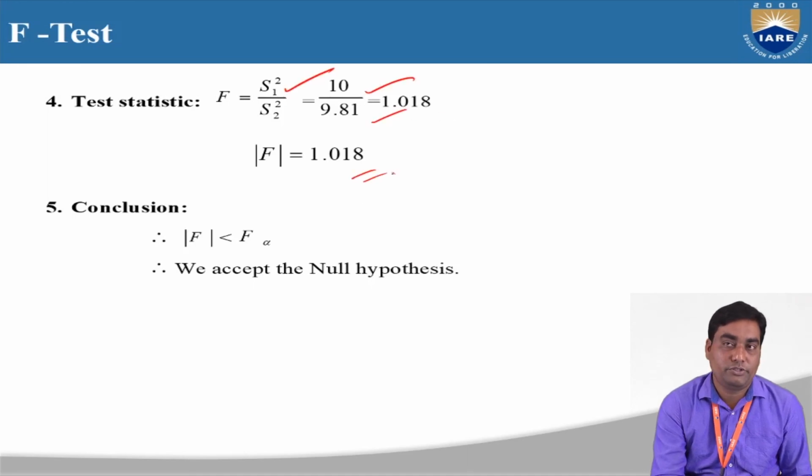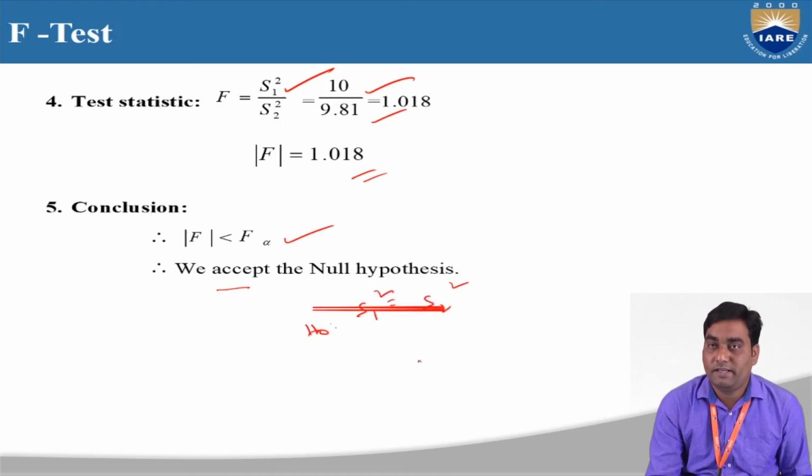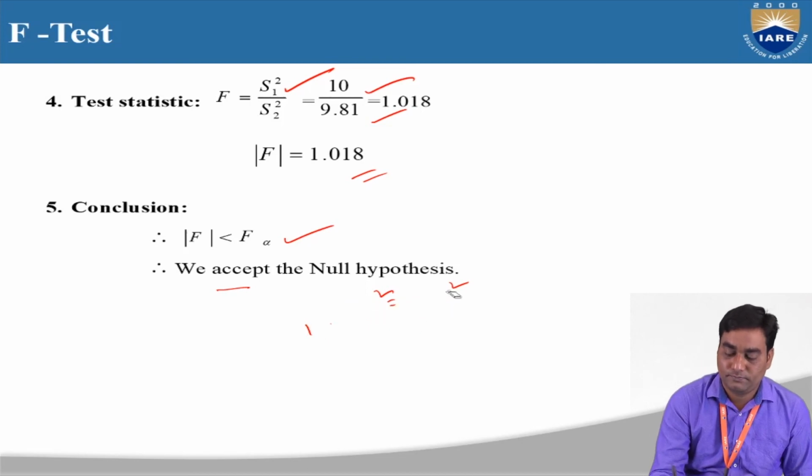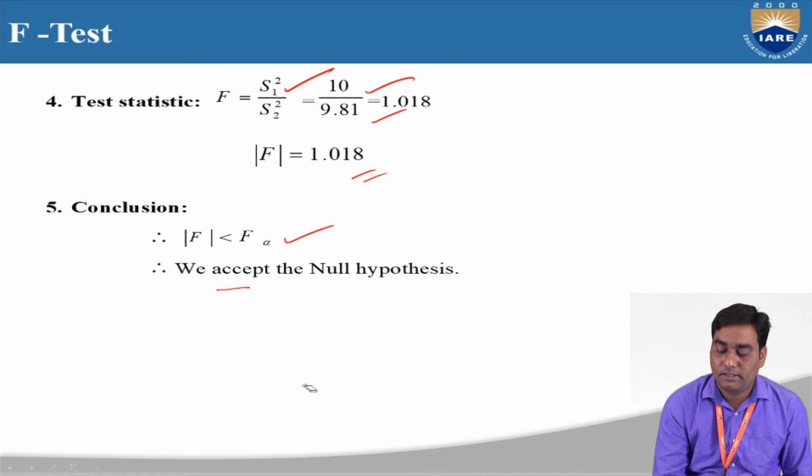Mod F is 1.018. Mod F is less than F alpha, so we accept the null hypothesis. That means there is no difference between the variances of the two samples. H naught: S1 square equals S2 square.